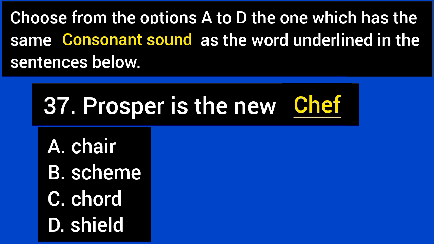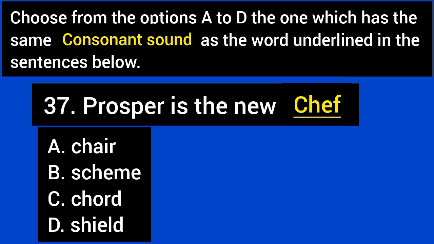So here we are not looking for the ch sound, we are looking for the sh sound. So chair cannot be our answer. That one is ch, and this one is sh. Hopefully you know what we are talking about here.